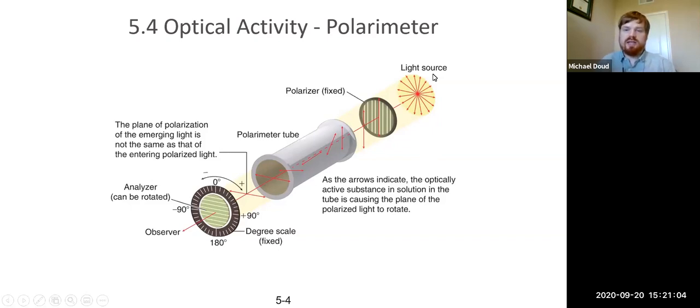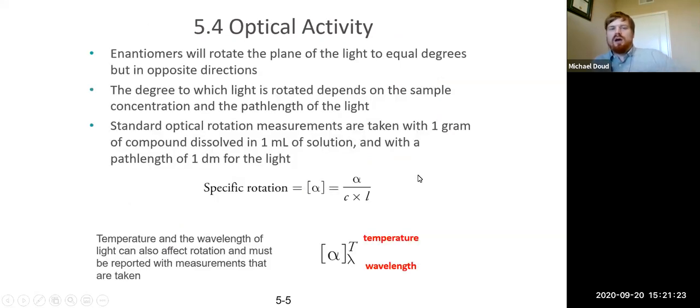So what you do basically, again, you have your light source. Your polarizer initially selects plane polarized light. And then if you have a chiral compound in here, it's going to rotate the light one way or the other, either to the right or to the left. And then what you do is you adjust this here until you see light on the other end. Okay, so again, watch the video down below. That's going to help you see what that actually looks like in terms of operation.